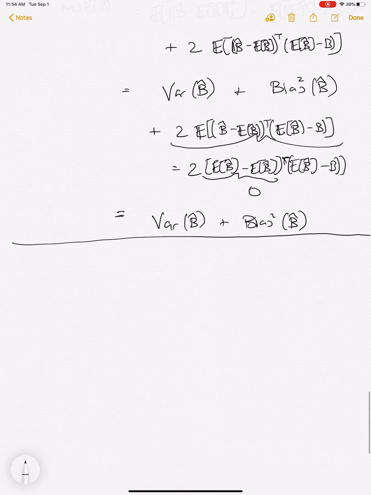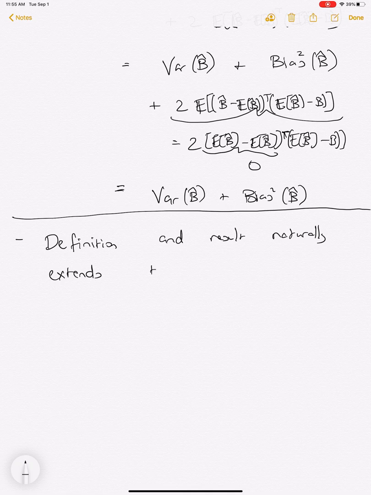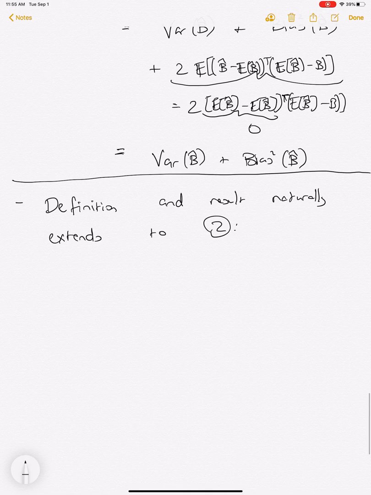Okay. And then the other thing to note is that we have a similar result for 2.